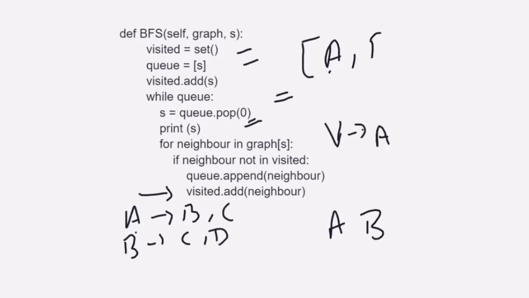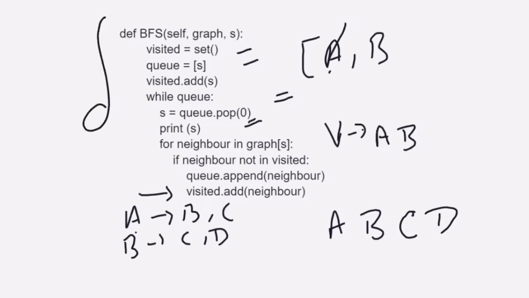So B is there in your queue. Then you will pop B, print B, then you'll see every neighbor and so on. So basically what this will do is print A, B, then C, and then D. Alright, this is the idea of breadth first search.